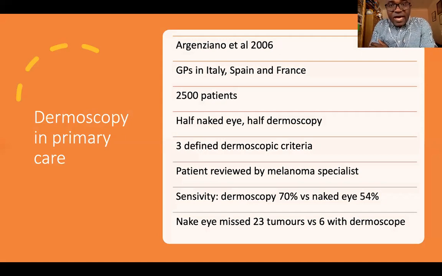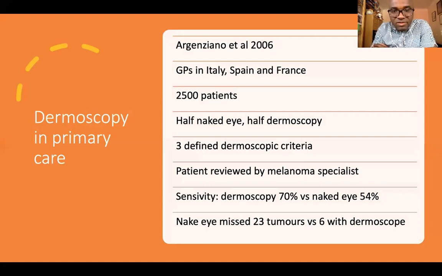Dermoscopy is quite useful. This is a study done by Professor Argenziano from Naples, Italy, and he did a study of 2,500 patients from GPs in Italy, Spain, and France, trying to see what dermoscopy does to help these diagnostic criteria in diagnosing melanomas.